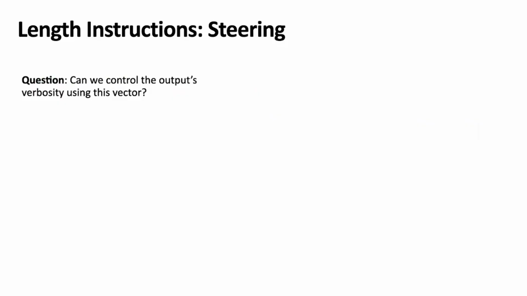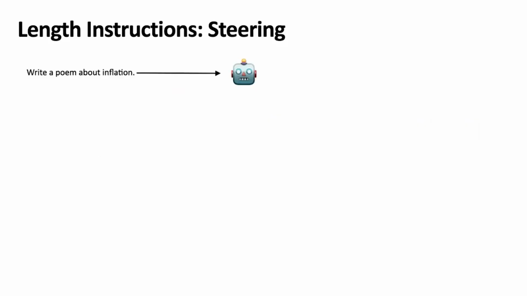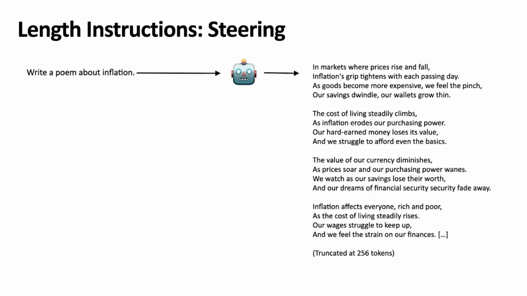Then we experiment with adding this conciseness vector to the model's representation, and in particular, we experiment with modulating its strength. In some preliminary experiments, we give the model a very open-ended generation query, like write a poem about a topic. The model is going to be very verbose, and in this case answers with multiple paragraphs.